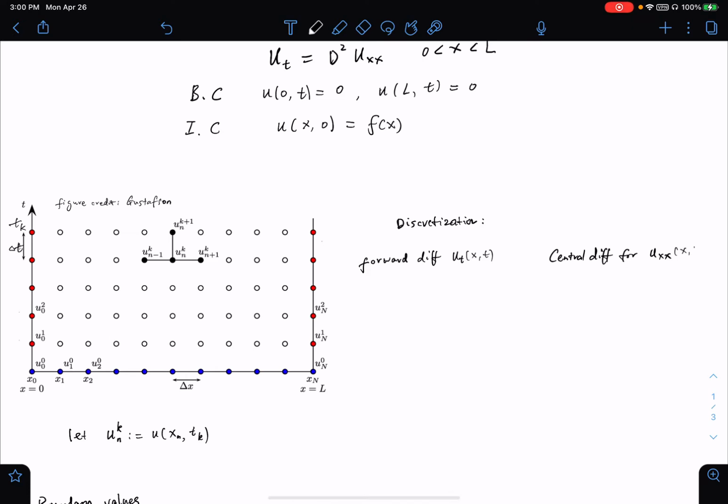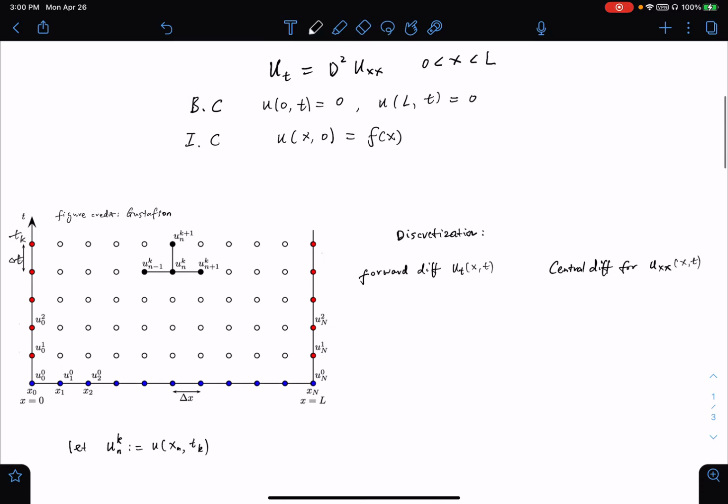For forward difference, since it's a derivative with respect to t, we fix x, then we have u(x, t plus delta t) minus u(x, t), divided by delta t, right? So now we have the forward finite difference approximation for ut at (x, t).